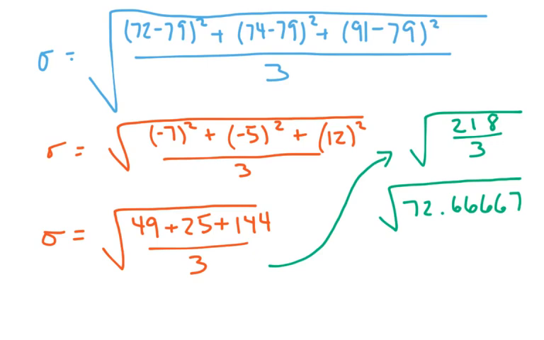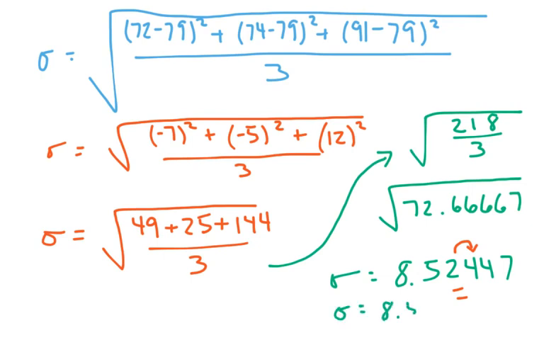So we've got to take the square root of that number, and we find out that the standard deviation for this data set is 8.52447. We're usually going to round this to the nearest hundredth, so we find the hundredths place. Look one space to the right. 4 or lower, we're going to round down. So our final answer here for this one is that our standard deviation is 8.52.